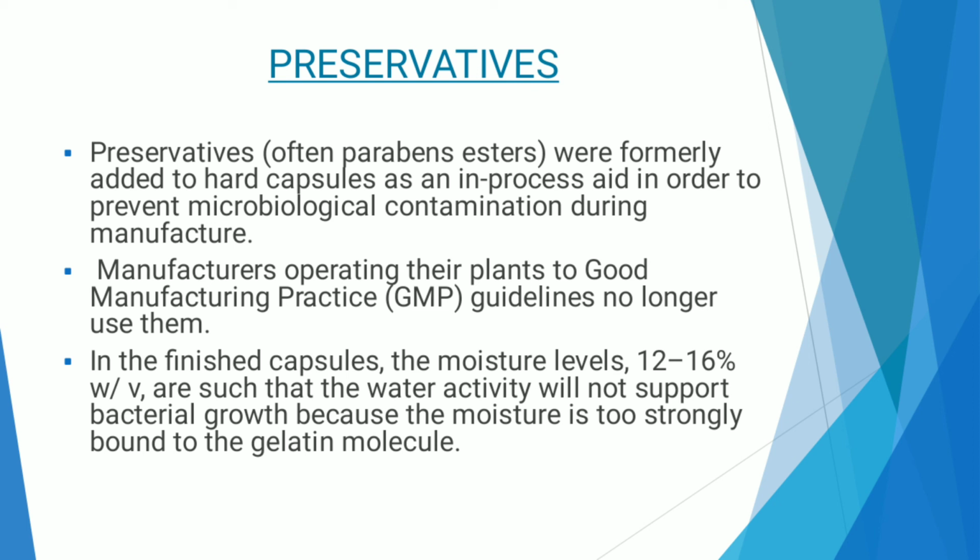However, manufacturers operating their plants to GMP guidelines no longer use them, as it is assured that in the finished capsule the moisture level, that is 12 to 16% weight by volume, is such that the water available, or water activity, will not support bacterial growth, because the moisture is too strongly bonded to gelatin molecules. That is, here the water is not free itself. The moisture is not available, it is all bonded with the gelatin. Therefore, there is no need of adding preservative.